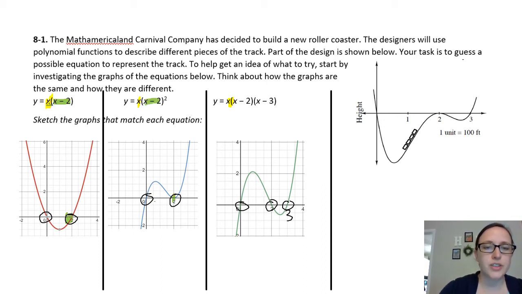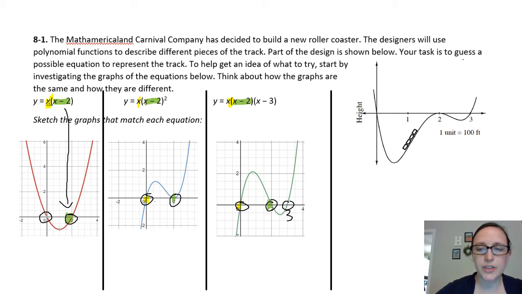If you remember from quadratics, insiders lie. So those x-intercepts use that same number from the factor. It's just a different sign.